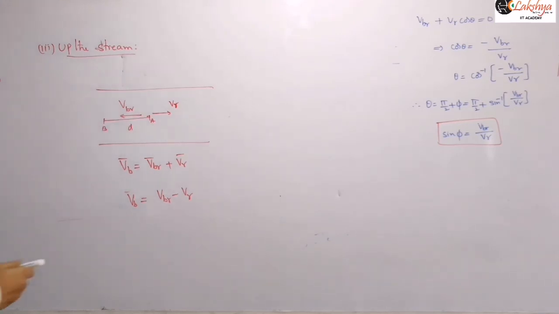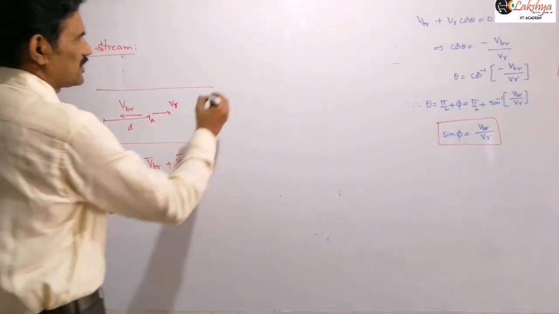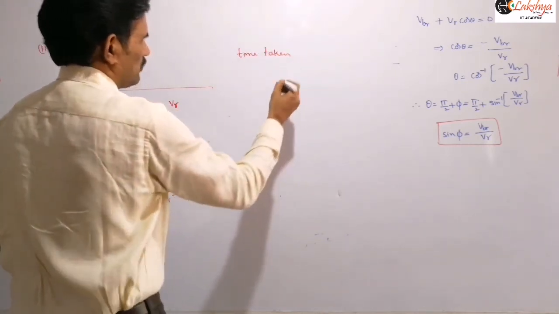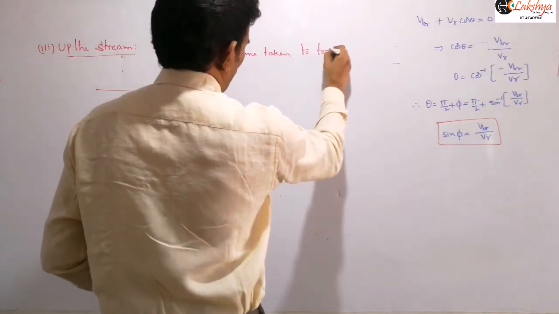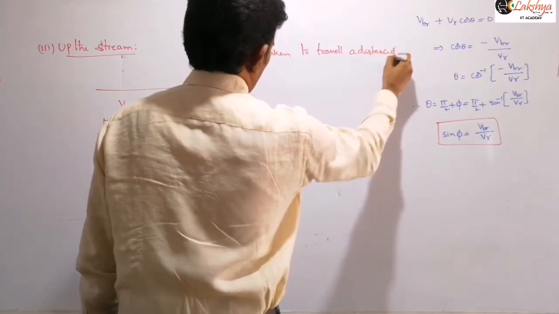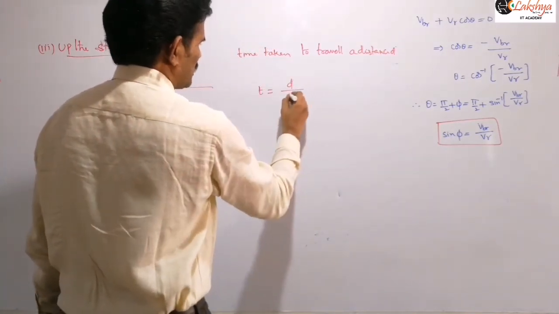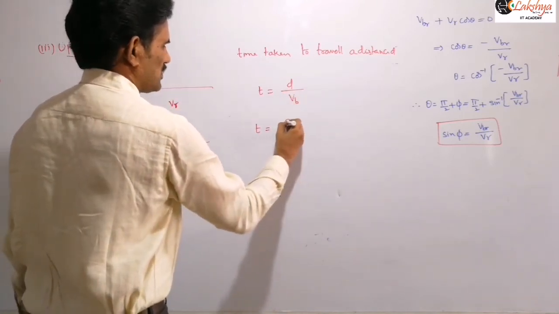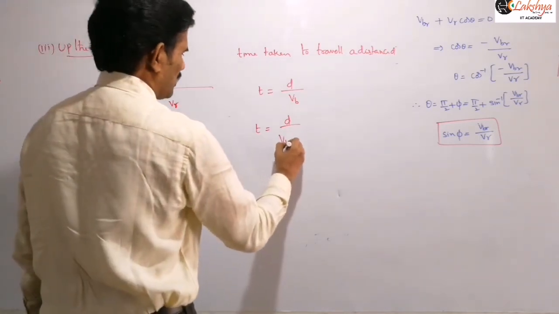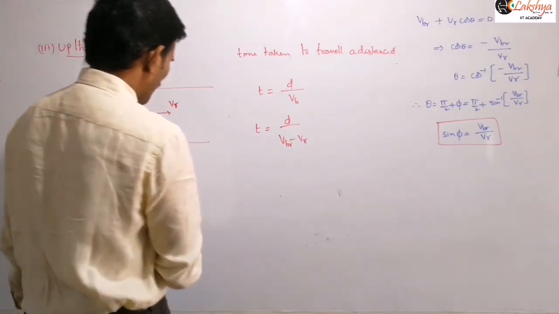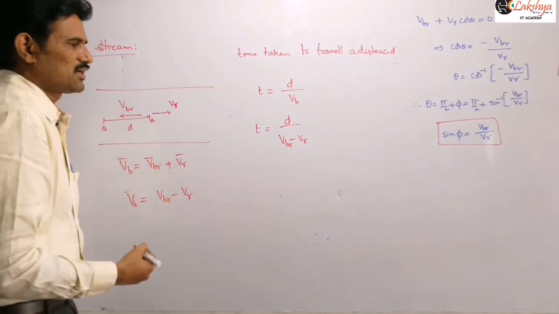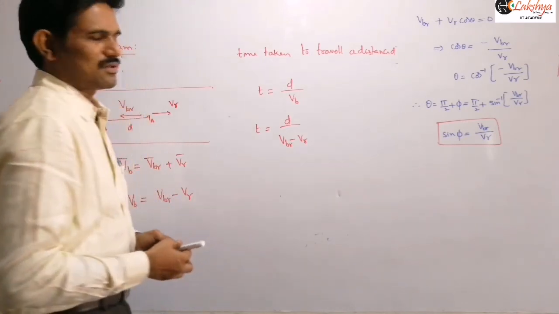Therefore, the time taken to travel a distance d is d by VB, which is d by (VBR minus VR). Since these are magnitudes and the directions are opposite, we get the negative sign here. So that is the time taken in that case.